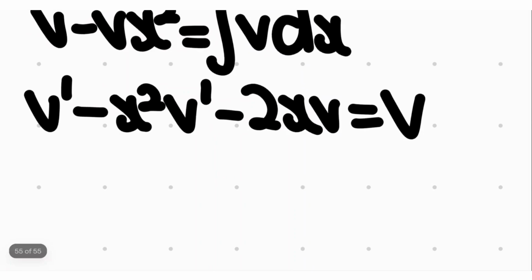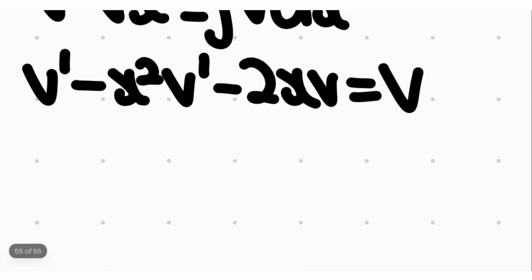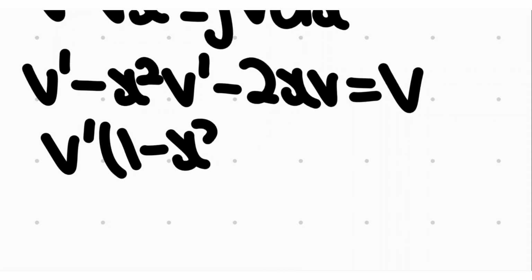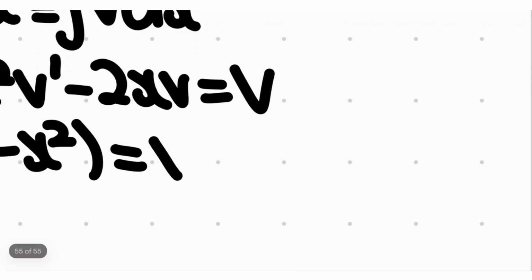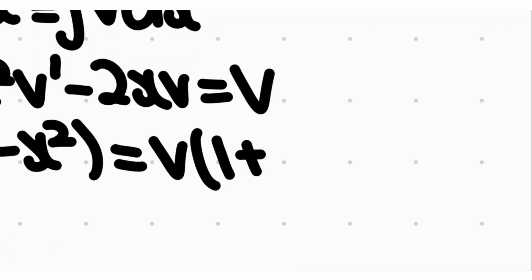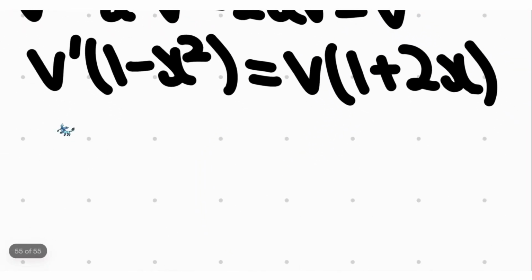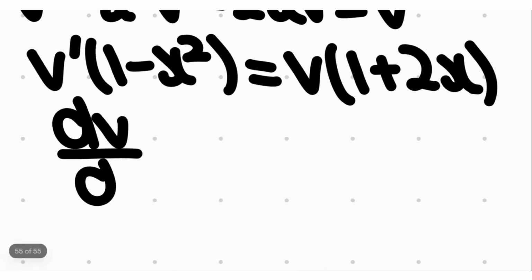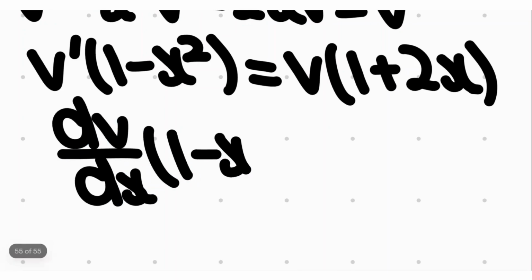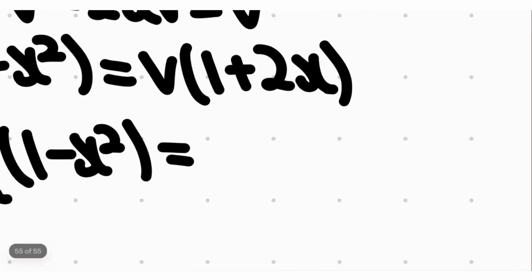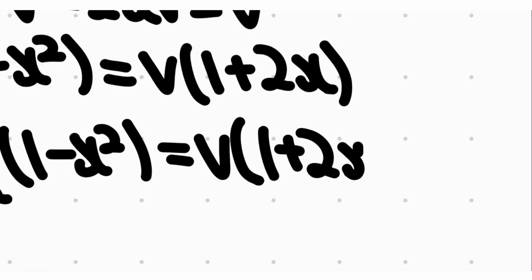Now I'm going to do some algebraic manipulation, and if we bring this term over and factorize out v, we'll get v prime (1 minus x squared) equals v(1 plus 2x). So rewriting this using Leibniz notation, we get dv/dx (1 minus x squared) equals v(1 plus 2x).